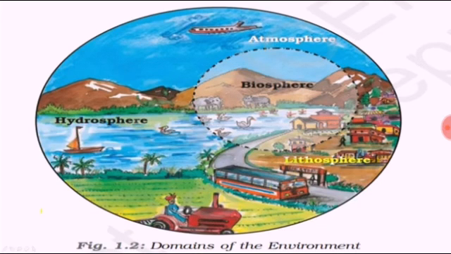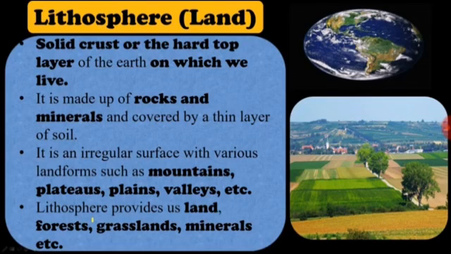Now we can see through the diagram the domains of the environment like hydrosphere, biosphere and lithosphere. Now let us talk about lithosphere. It means land, the solid crust or the hard top layer of the earth on which we live. It means the outer cover of the earth. It is made up of rocks and minerals and covered by a thin layer of soil.